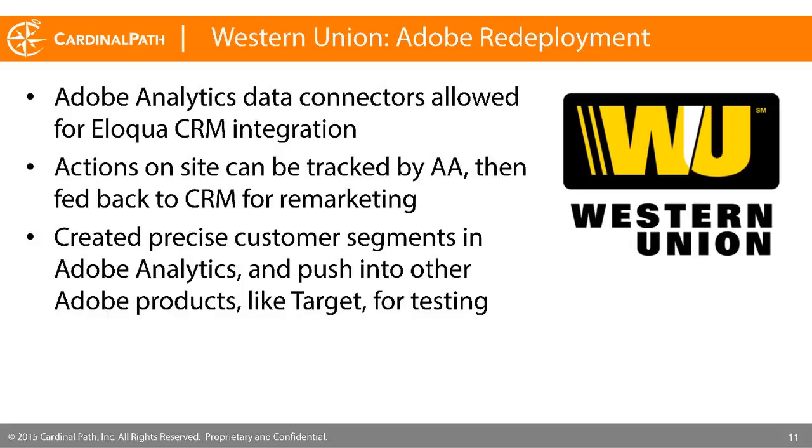This implementation was then augmented with a two-way data integration with their Eloqua CRM platform that allowed them to retarget their users through email, along with creating custom segments in Adobe Analytics that were passed to Target and then leveraged for targeted testing opportunities. This was very powerful for them, and again, was another way to start connecting the dots between their platforms to provide consistent messaging and content to drive more conversions on their digital platforms.